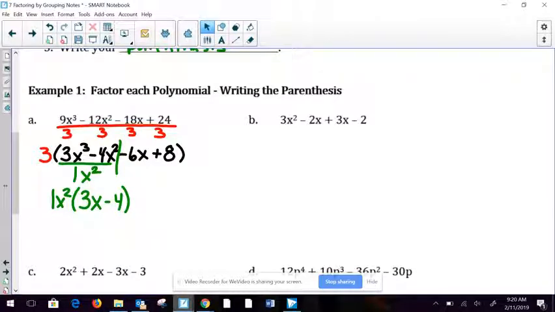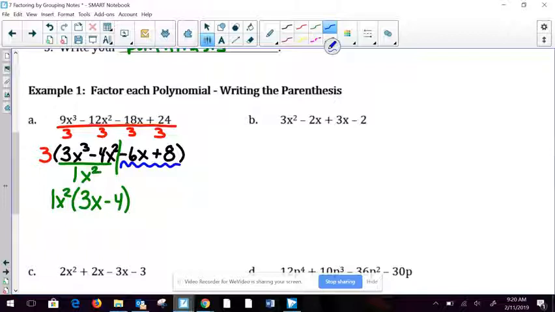Now, the deal here is your parentheses must match. So let's see what happens here when I go to the squiggled part. When I look at negative 6 and 8, what number can I divide them both by? Good, I can divide them both by 2. However, this minus sign must accompany this GCF, so I'm also going to put a negative sign with it. So when I write down this number, it goes right here, minus 2.